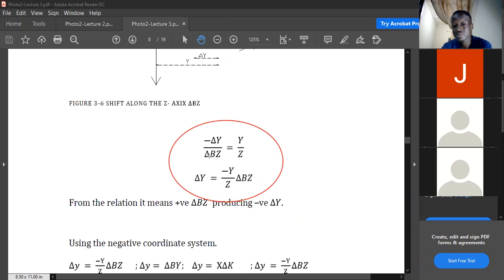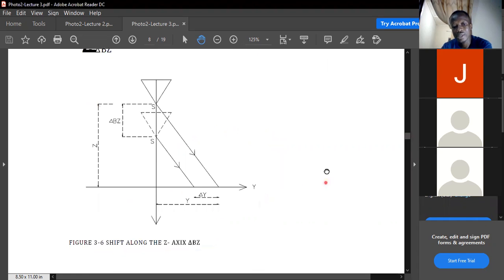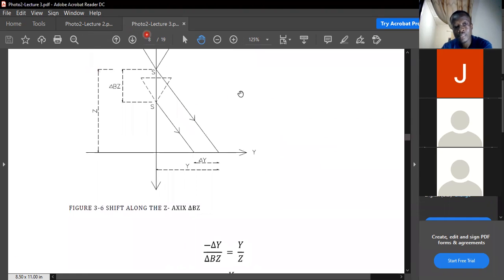All right. So down here in this formula, we can see that it's kind of relative. I mean, this is just simple proportion. If we move by a certain amount of delta bz, then we also have a change of delta y in the coordinates. The actual coordinate is y for the point in question, and then the z for the model point in question. And so we can look at this diagram here and derive a very simple formula.